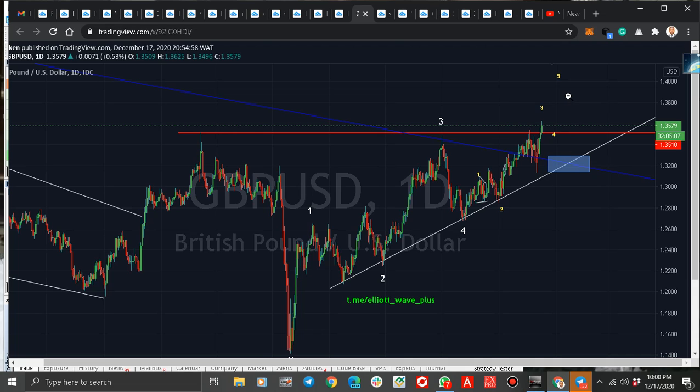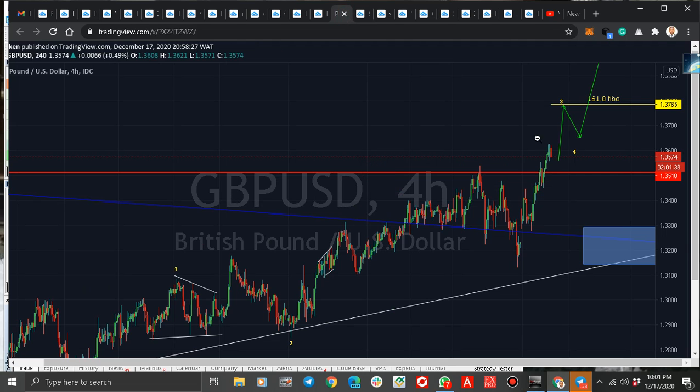If you don't see a sharp move like this that pierces this line, we are going up. But if you see a corrective move towards this line, we might have something like this towards this line, then we are going up. Okay, 4 hours, nothing new in 4 hours.